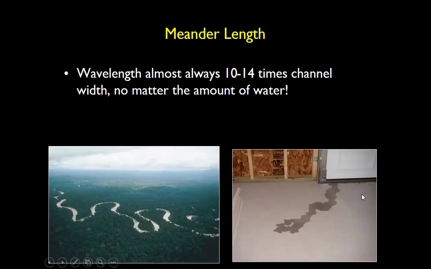It's almost always 10 to 14 times the channel width, no matter the amount of water, which is kind of crazy. Whether that's the Amazon River or just some water that's leaked in under your door and is flowing down your floor, which is not completely level. That's crazy. This is kind of like a property of water.